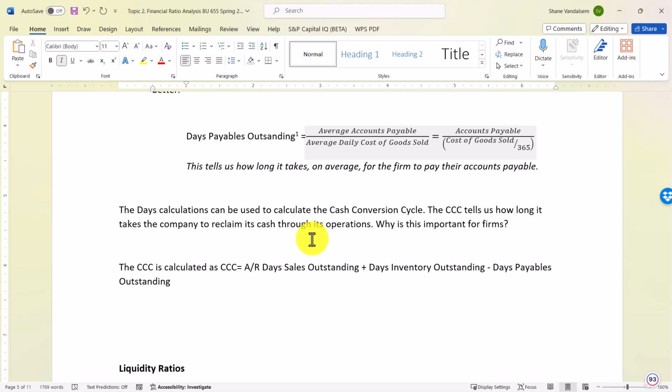And so it tells us how long, essentially, we go from cash to cash. Okay? We complete that cash conversion cycle. A shorter cash conversion cycle is generally seen as better.